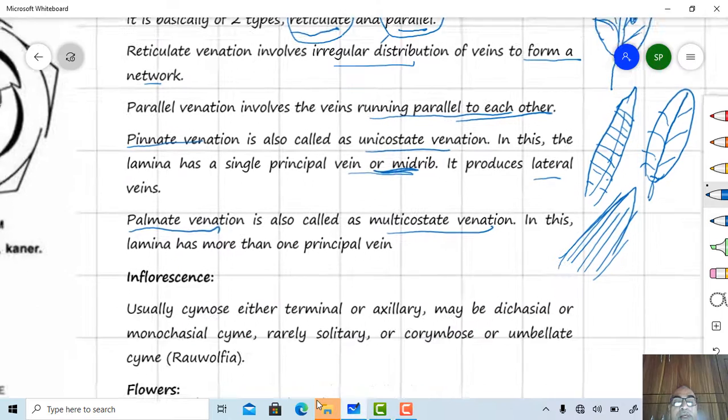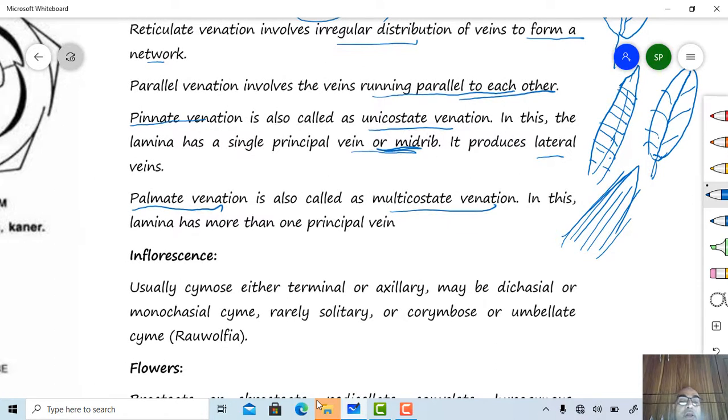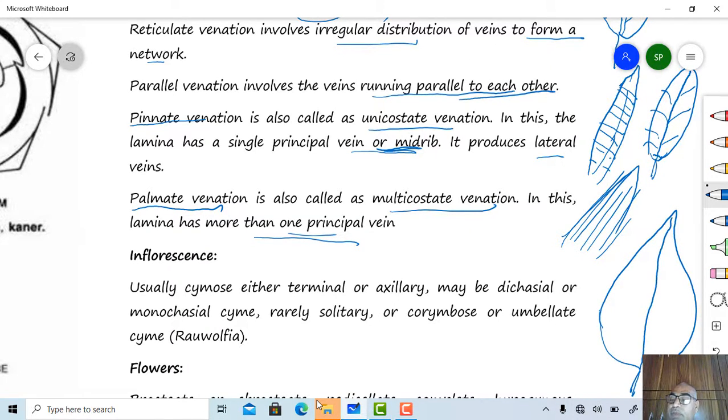While in multicostate venation, the lamina has more than one principal vein. So suppose such a type of leaf is present, this is a single principal vein, and if again principal veins are present, then lateral veins may be produced from these principal veins. Then such one is called a multicostate type of venation.